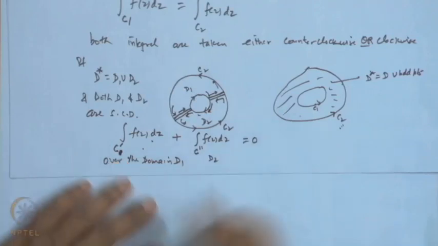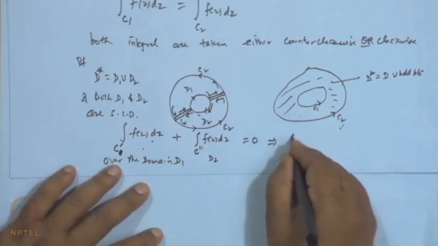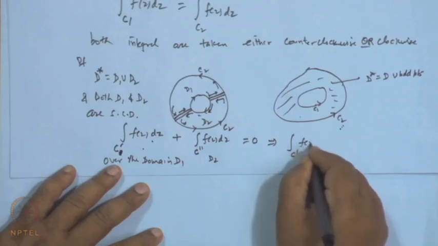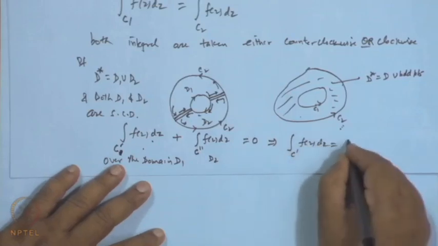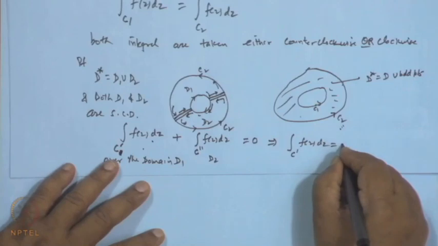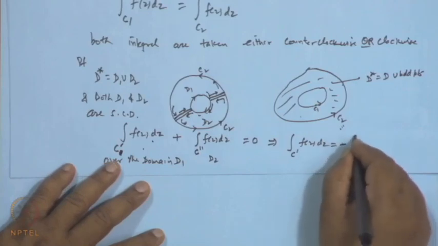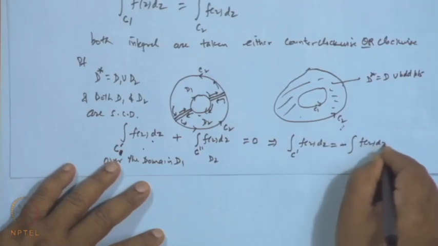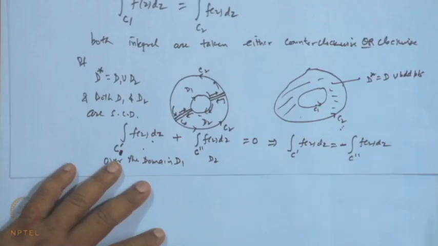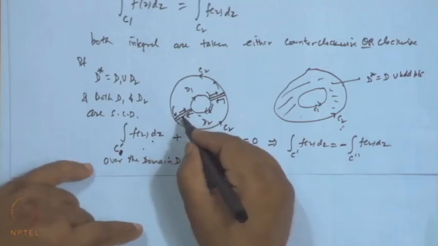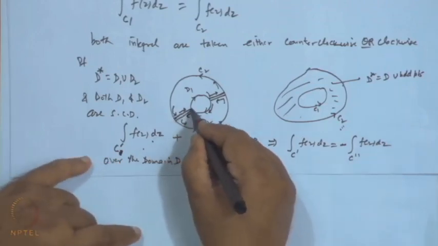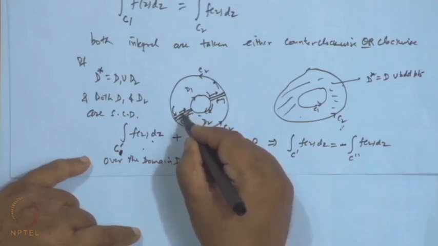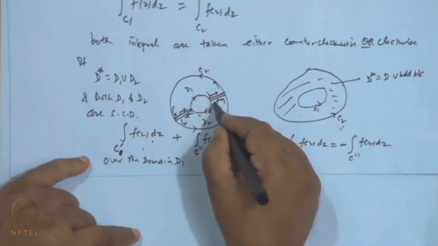So, we get from here that the integral along C dash of f(z) dz is minus the integral of f(z) dz along C double dash. Okay. The integrals along these curves, this side and this side, get cancelled. Similarly, this side and this side are opposite.